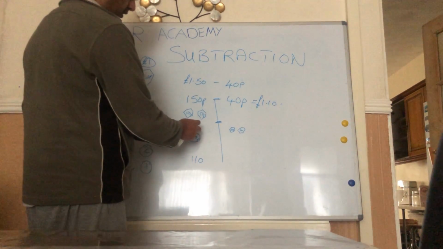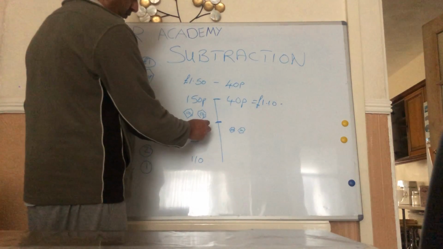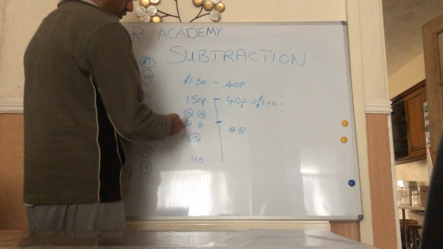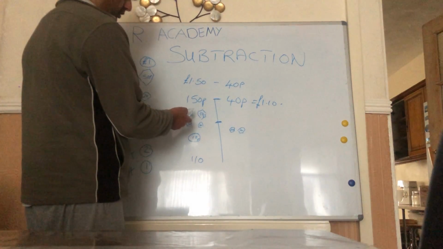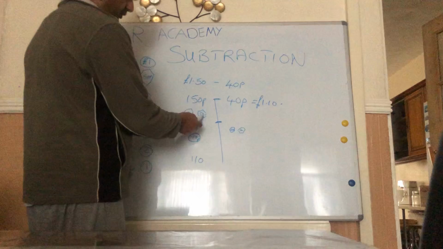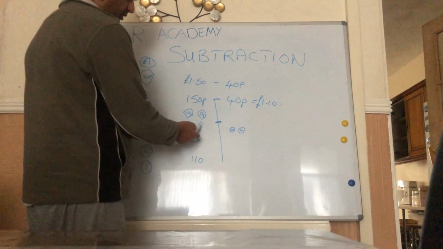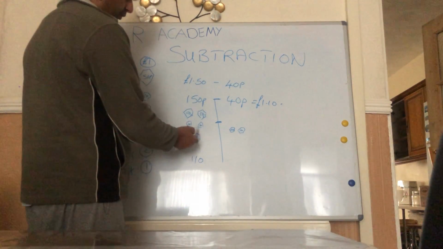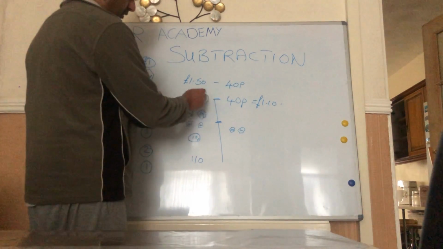So then you add them in again. So then you've got 150, so it's 50 and 50, £1, and 20 and 20 is 40. £1.20, £1.40, and 10 is £1.50, which is then correct.